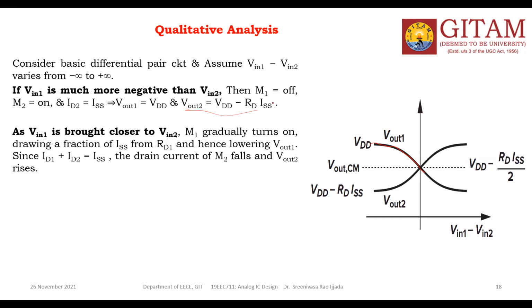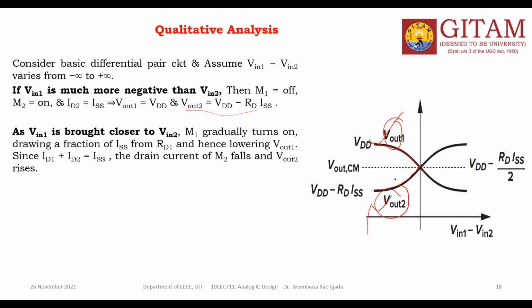You can see the same thing in this curve. Upper one is Vout1, lower curve is Vout2. I'm starting from the extreme left hand side. Extreme left hand side means, let us say, Vin1 is much larger than Vin2. For that case, this is your Vout1, this is Vout2.